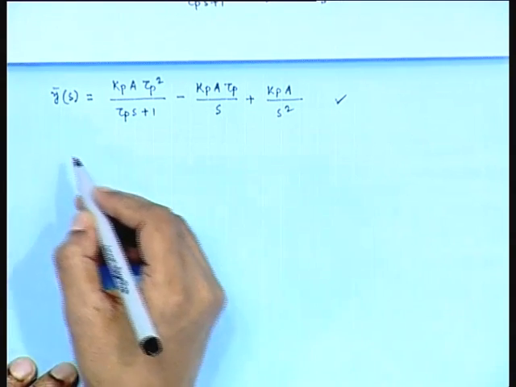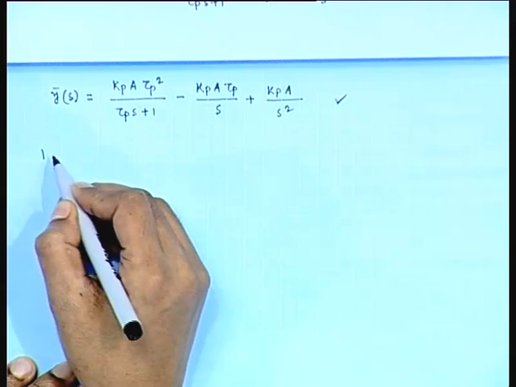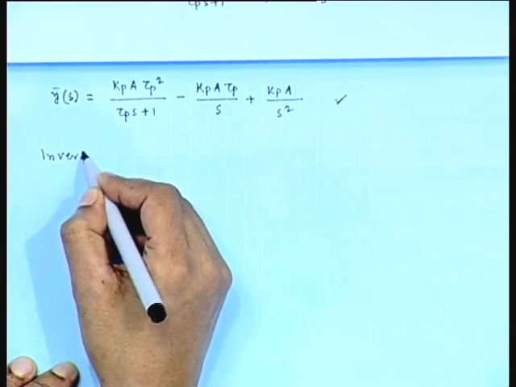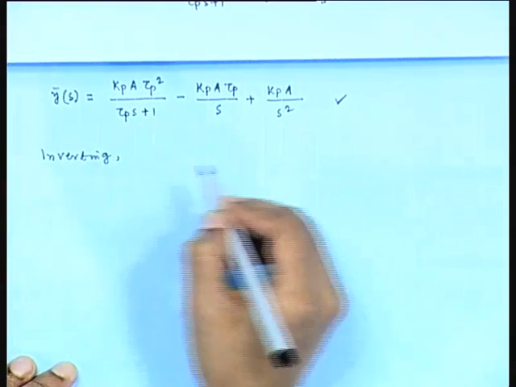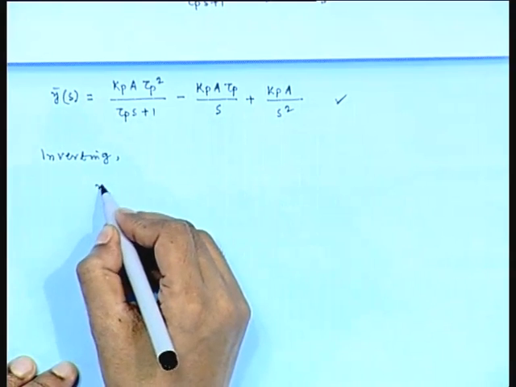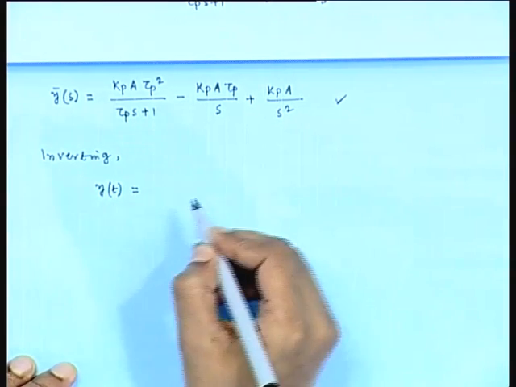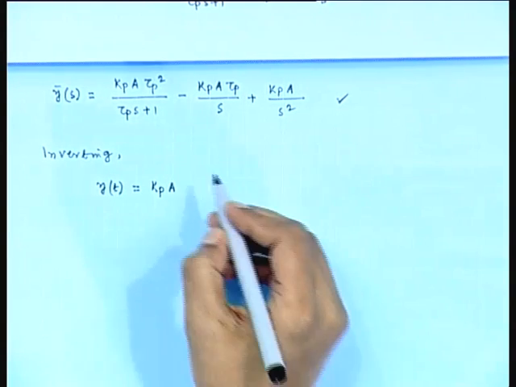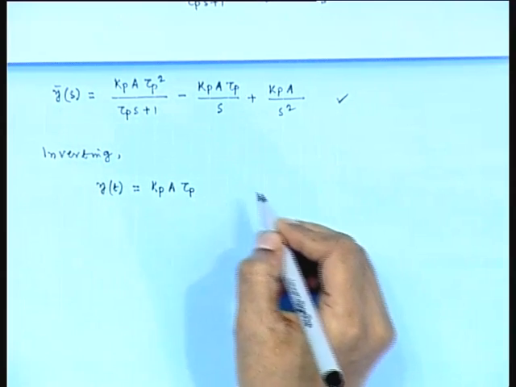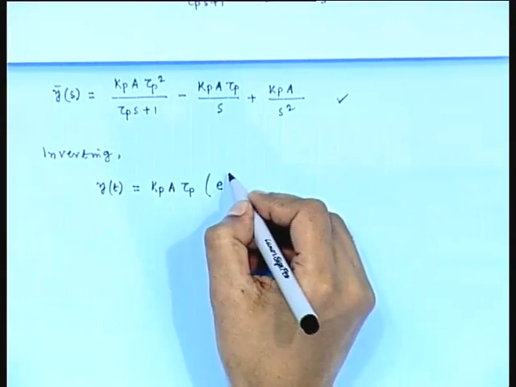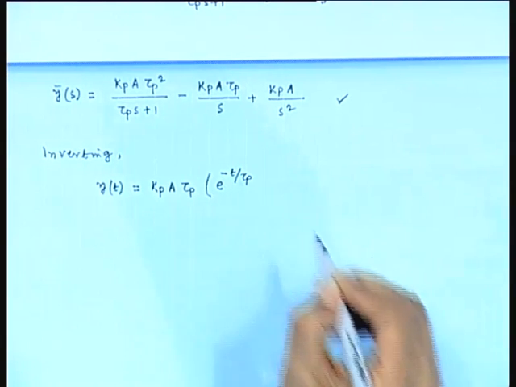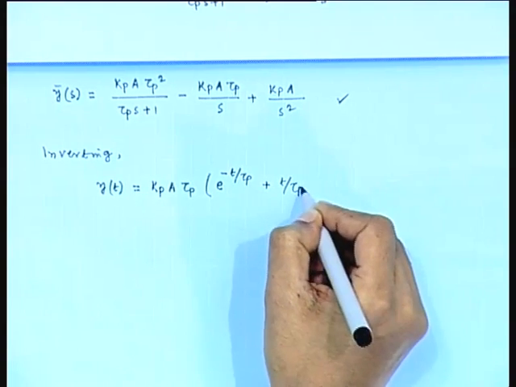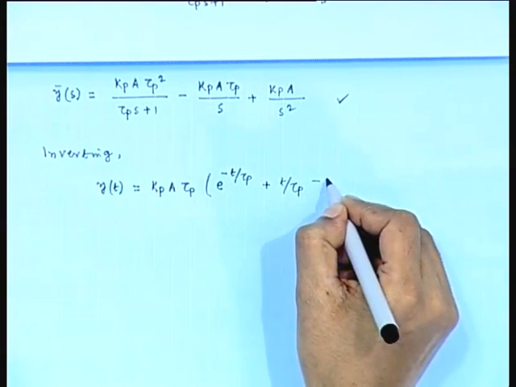Now, if we consider the inverse of Laplace transform, we get y(t) equal to Kp a tau p exponential of minus t divided by tau p, plus Kp a times t minus tau p.